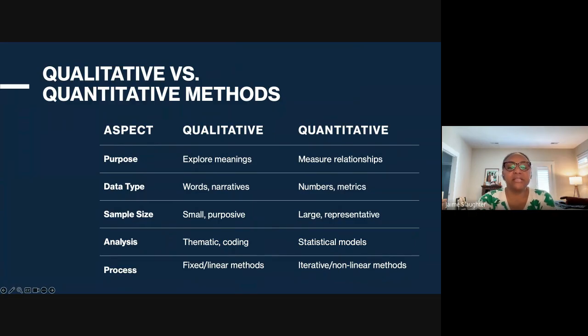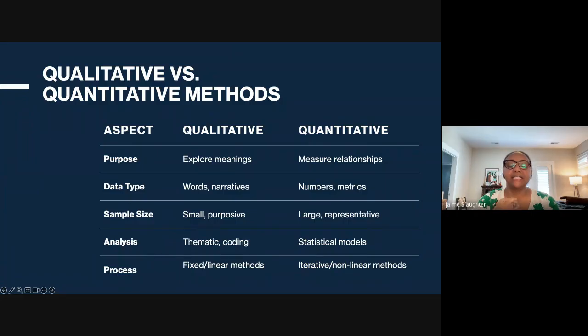So this is I think a really nice table that compares qualitative and quantitative methods and the roles that each of them serve. And note that while I have qualitative versus quantitative methods, it's not an either-or in your choice of use or in terms of which one's better in general than the other.